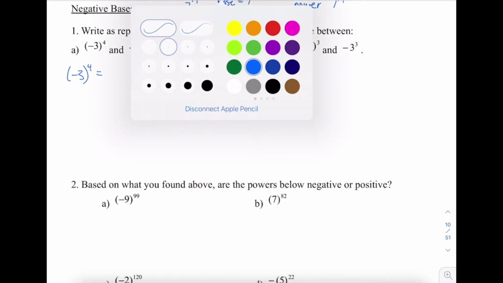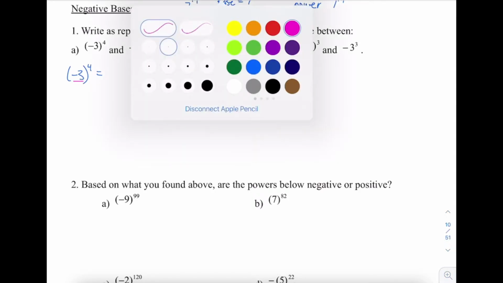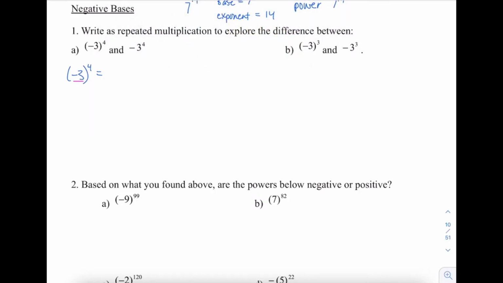In this case, our base is negative 3 because the brackets indicate that is our base, all raised to the exponent of 4. So we multiply negative 3 by itself 4 times, and when we evaluate this, the result is positive 81.